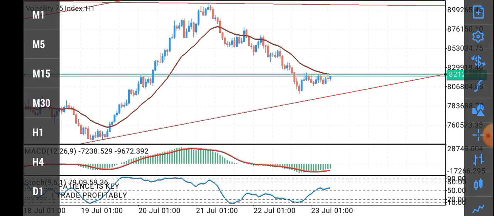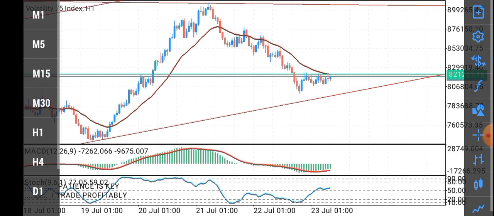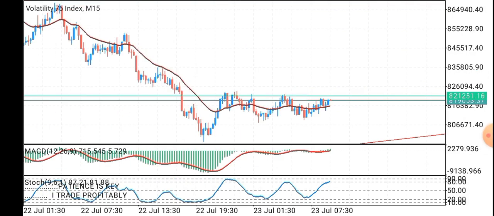So now that we know what the market is trying to do, that's why I put up this green horizontal line to mark that zone where we have buyers trying to break through. All right, so let's go to the 15 minutes to see what's happening. Now in the 15 minutes, you see how price is respecting that zone, right?